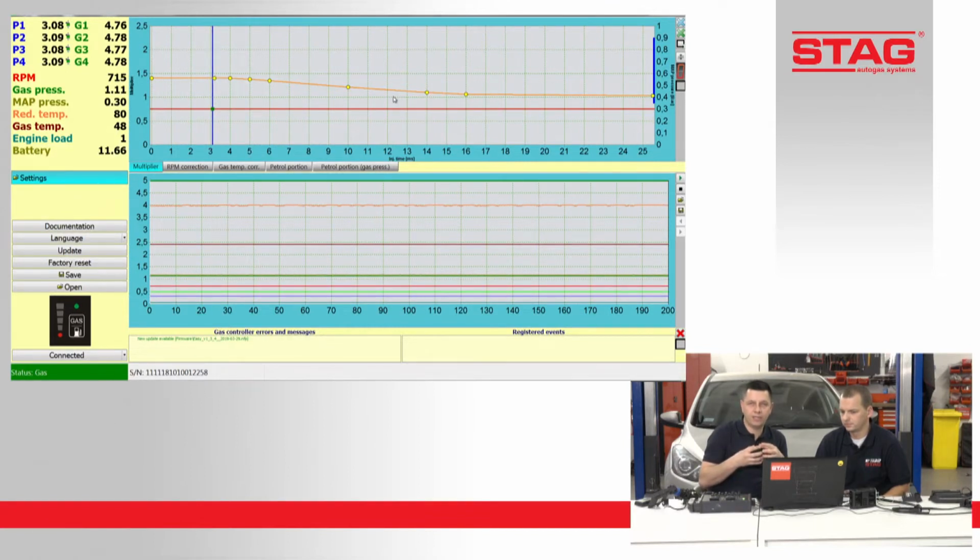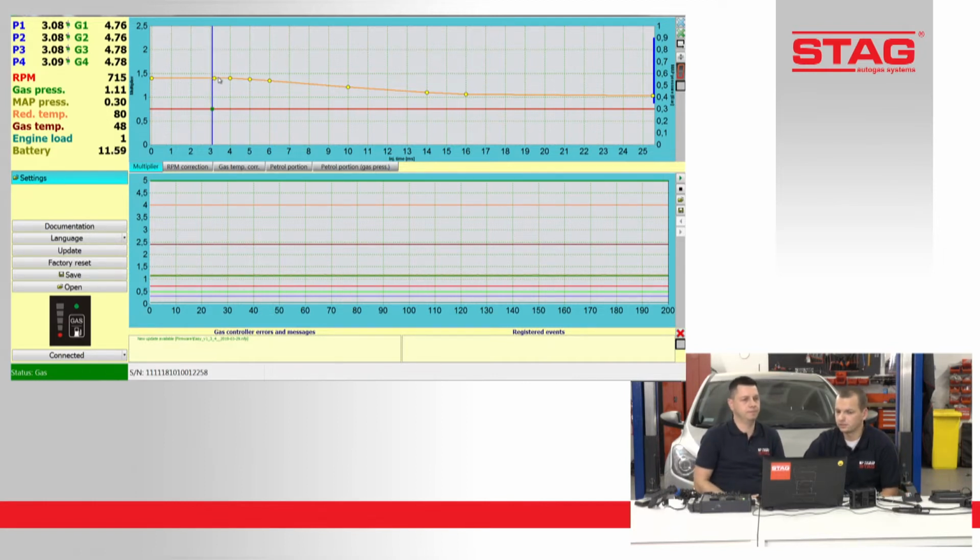So we have perfect information about the mixture on idle, but we do not know what is happening during medium or full load of the engine. So it is very important to check on the road what is happening with the mixture, not only on idle but also while driving. Yes, exactly.